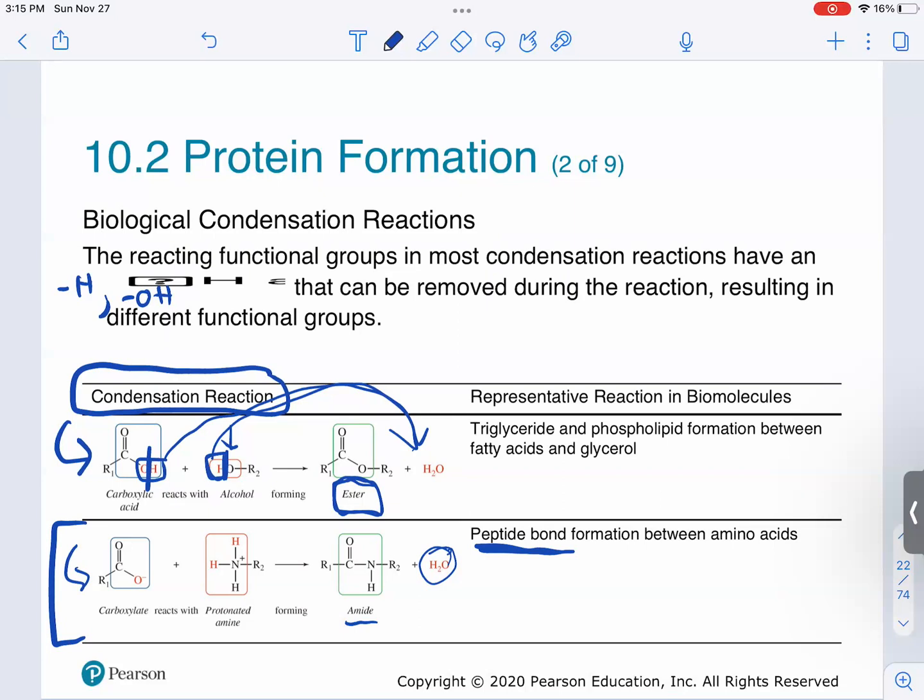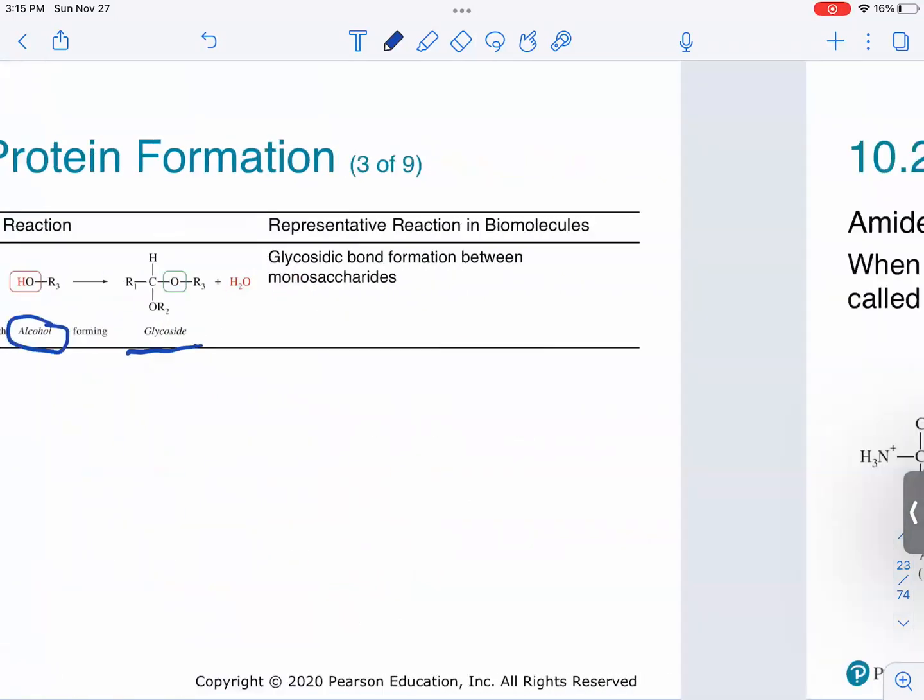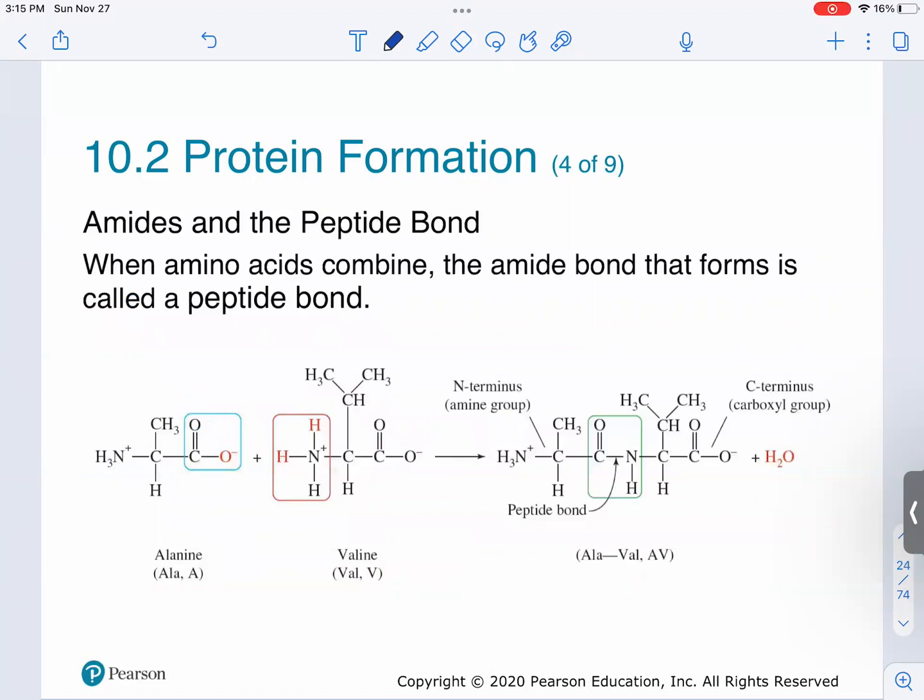This is where it's got to start. So you have amides and peptide bonds. When amino acids combine, the amide bond that occurs between two amino acids is called a peptide bond.